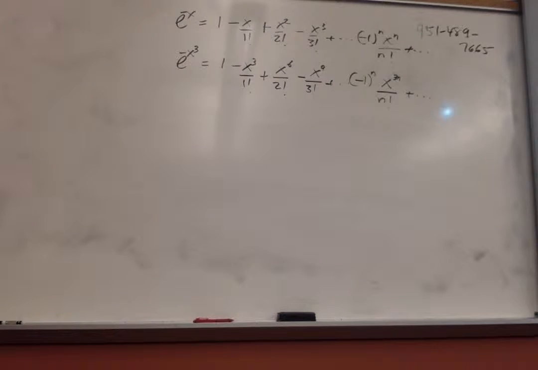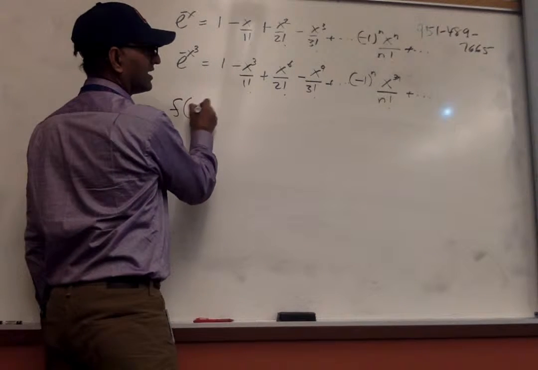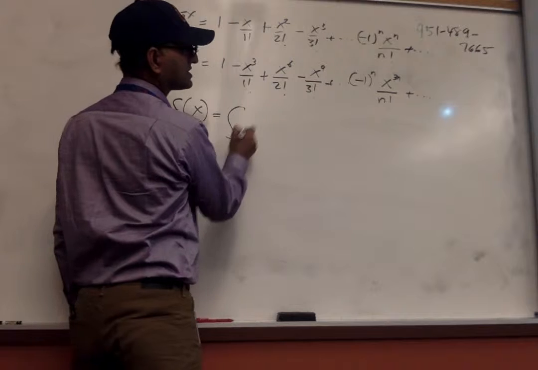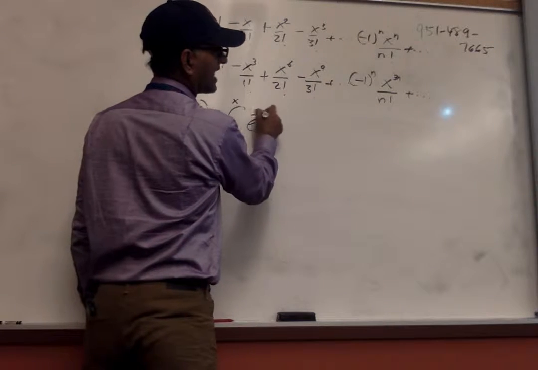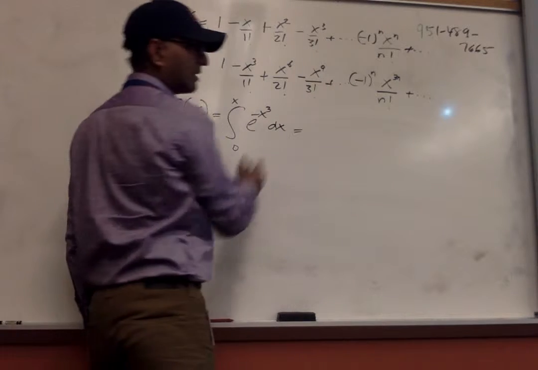Okay, now read the instructions. What do I need to do next? Integral for f of x. Okay, so f of x equals the integral from 0 to x of e to the power of negative t cubed dt. Remember, t is just a dummy variable.